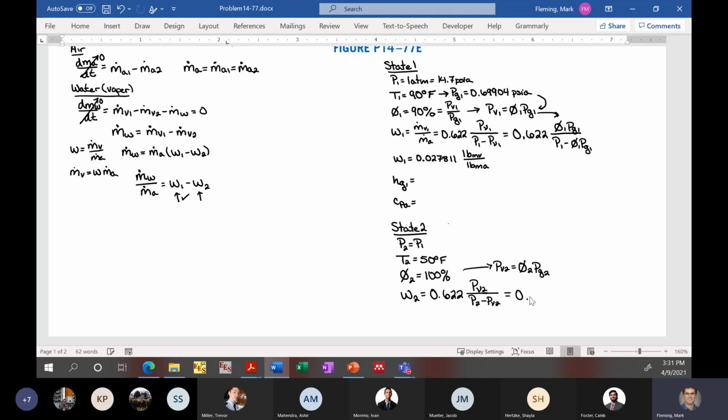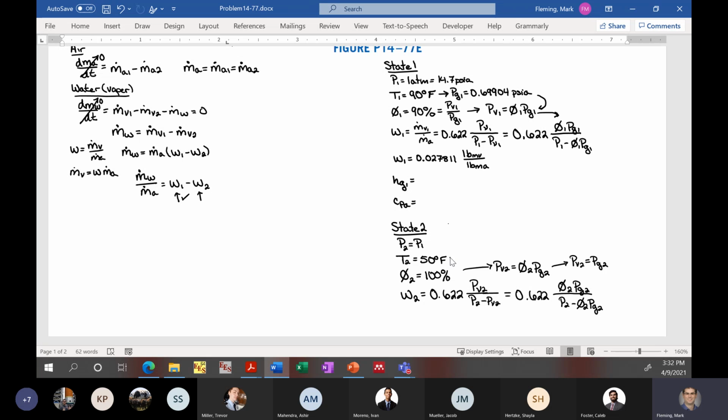So we can solve for the humidity ratio: 0.622 times the relative humidity of state 2 times P sub G2 over P2 minus the relative humidity times P sub G2. Because we're at the saturation condition, this simplifies to PV2 equaling P sub G2, just because phi equals 1 for all intents and purposes.